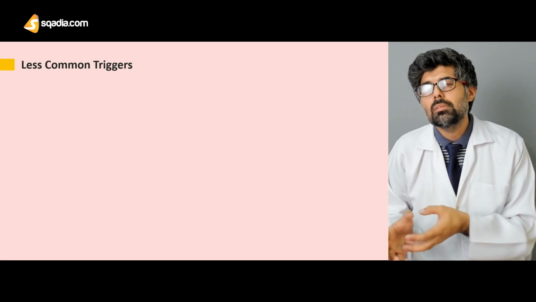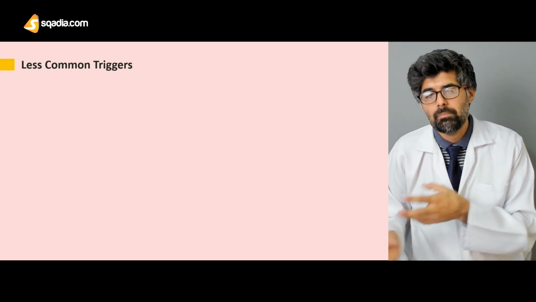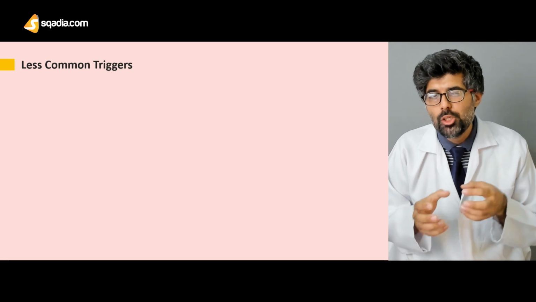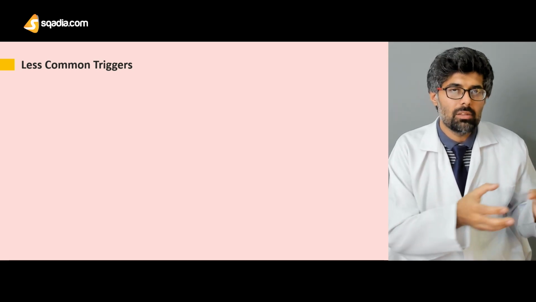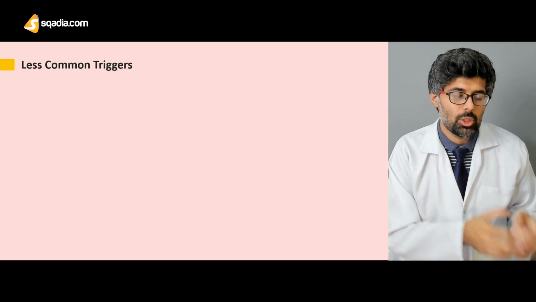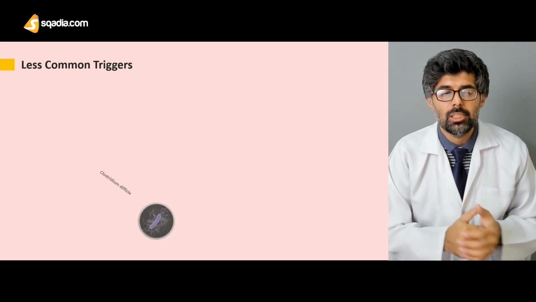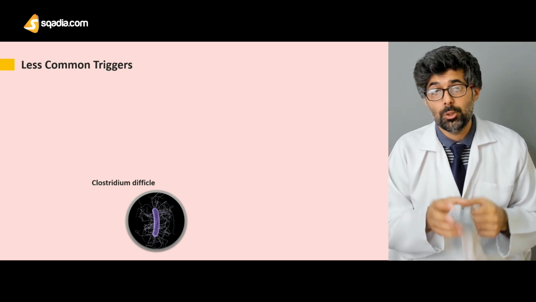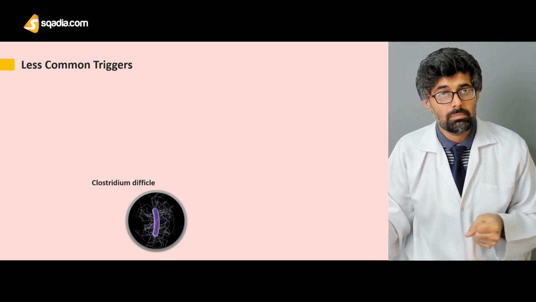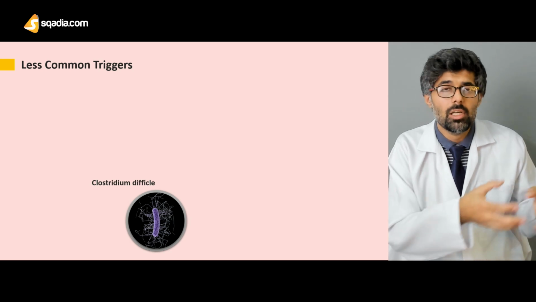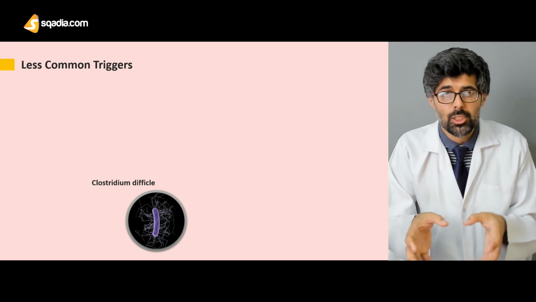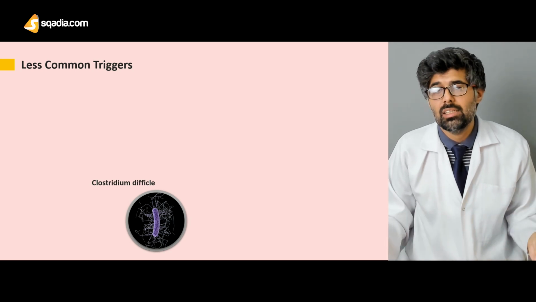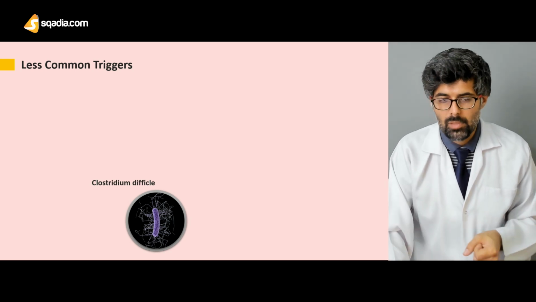Now there are some other bacteria which are known as the less common triggers. They are not usually implicated in reactive arthritis. The most common of these is Clostridium difficile. Now there are some studies that do say that it might complicate an infection into reactive arthritis, but the evidence again is conflicting.